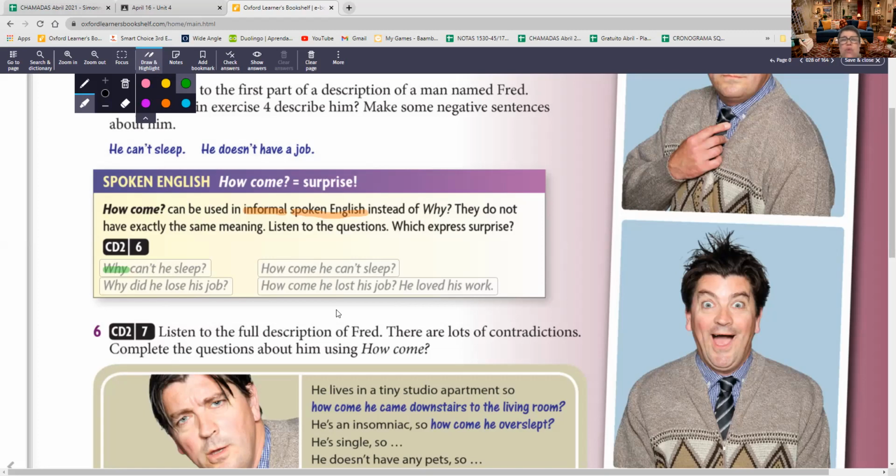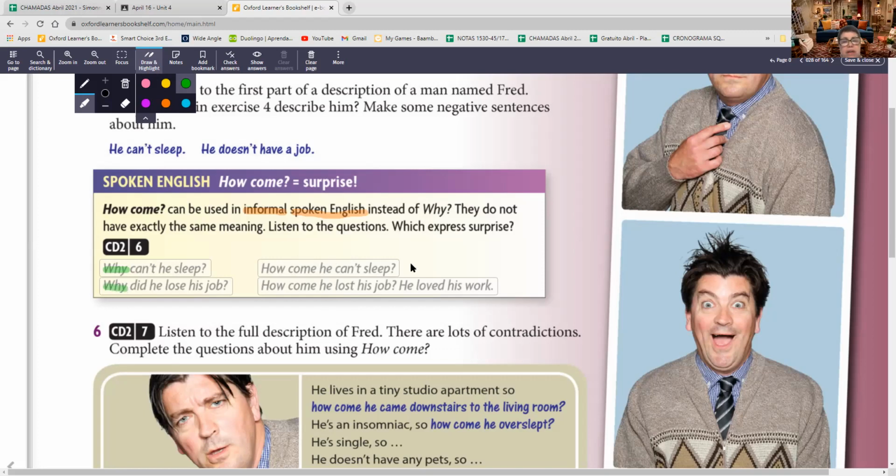Did he used to arrive late every day because he had sleeping problems? Probably he wasn't able to arrive on time. So was he usually late for work? So I want to know the reason why he lost his job, okay?